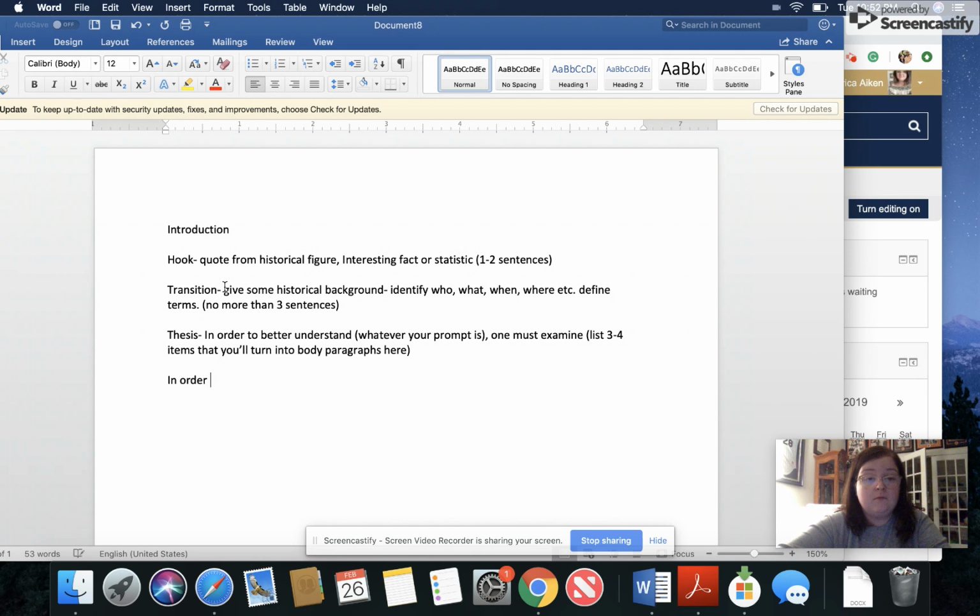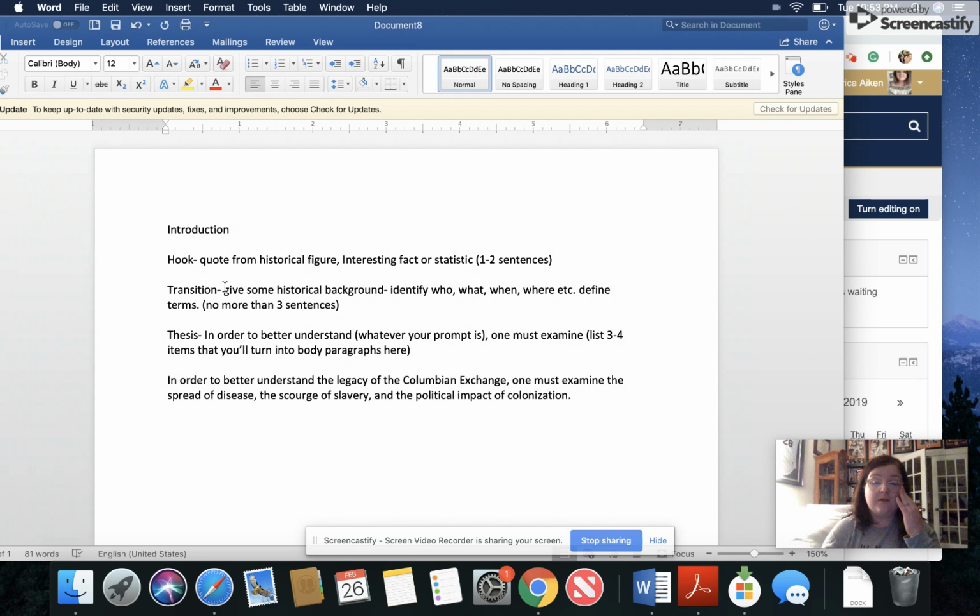In order to better understand the legacy of the Columbian exchange, one must examine the spread of disease, because we know that is important, the scourge, I like nice words, of slavery, because we know the slave trade started at that point, and the political impact of colonization.